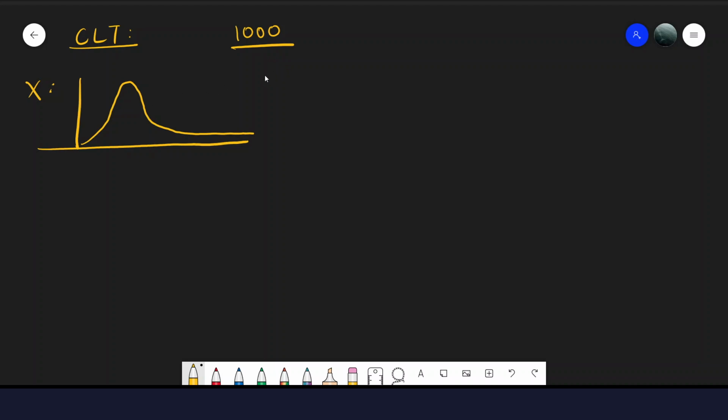Now, what is this distribution about? You can say that this distribution is the income of people. And that makes sense, right? Because as the income increases, the number of people who have that income decreases. If this is the number of people and the x-axis is income, then this looks like a distribution for income, because very few people have a lot of money as their income, and a lot of people have less money.